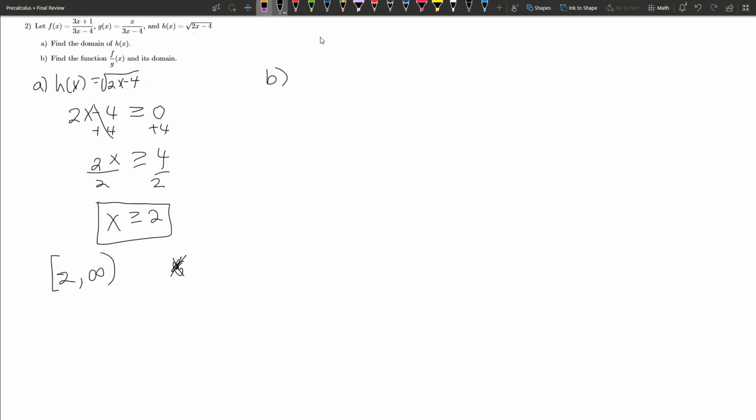I'm going to write it with a little more space there because I want to write a gigantic fraction line. All right, so that's f of x on the top over, because it's f over g, now we're going to write g. So it says x over 3x minus 4. All right, and they want to know what is the domain of it now.